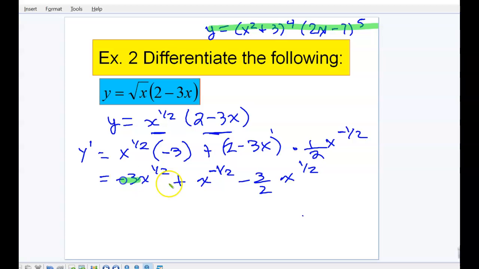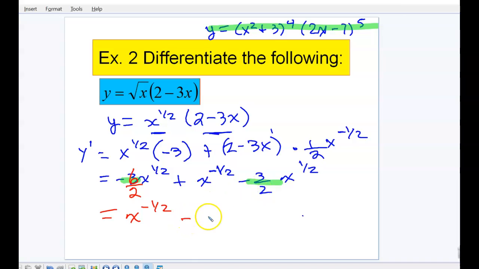Now I have two like terms. I have negative 3x to the 1/2 and negative 3 over 2 x to the 1/2. So I'm going to get a common denominator, and I'm going to make this negative 6 over 2 x to the 1/2. So now I can combine my like terms. So my first term, x to the negative 1/2, I'll leave as is.